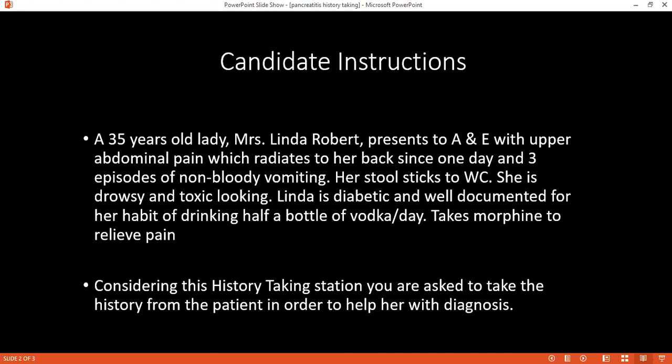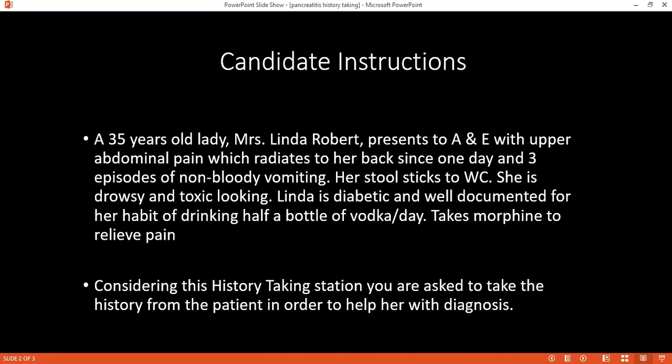According to the history, first of all, I would like to keep in mind acute pancreatitis. I will also think about acute cholecystitis, peptic ulcer disease, and I have to rule out myocardial infarction. Okay, good. What investigations can you suggest?